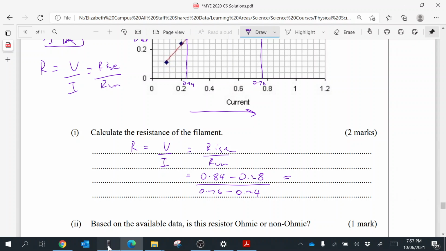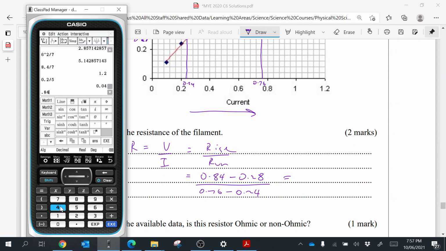So 0.84 minus 0.28, that's divided by... goodness gracious me. Let's do it all in one go. 0.84 minus 0.28, over 0.76 minus 0.24. I'm making mistakes in the last video of the day.